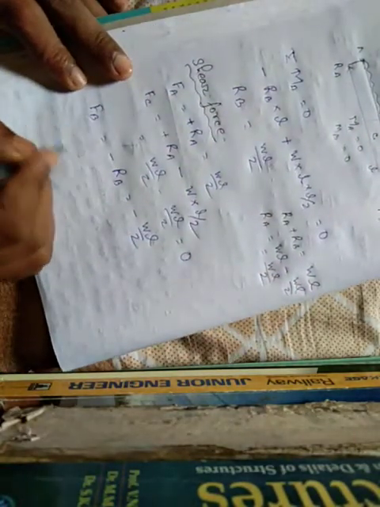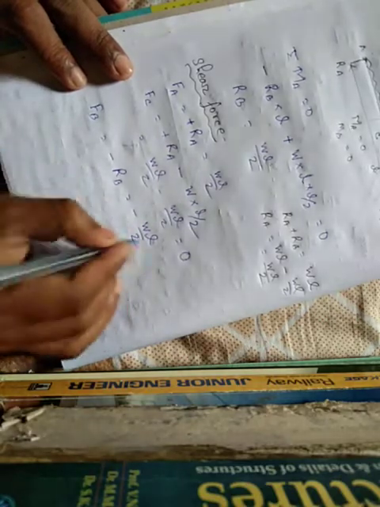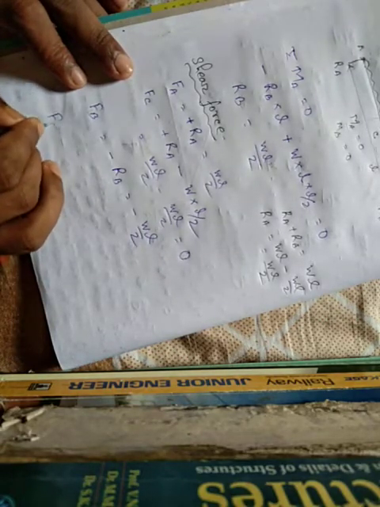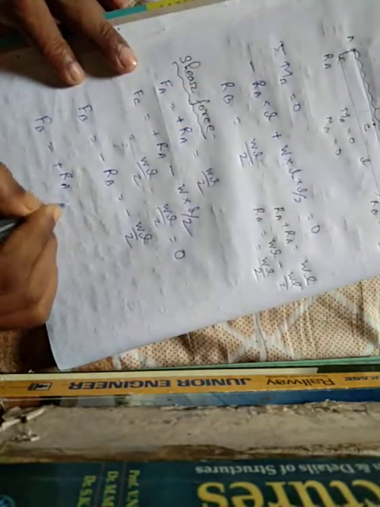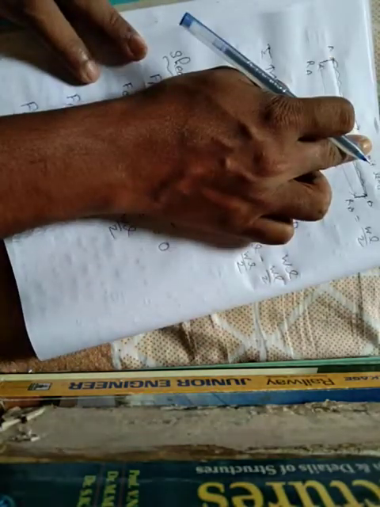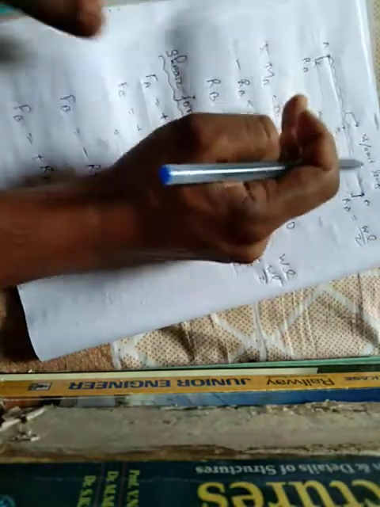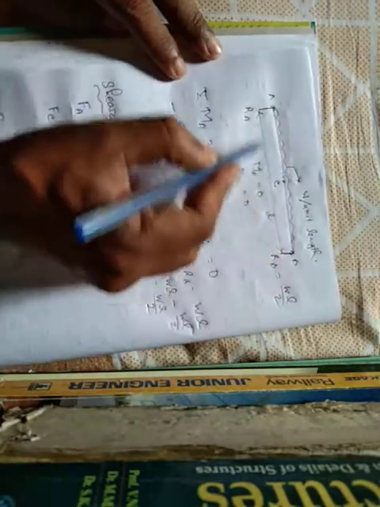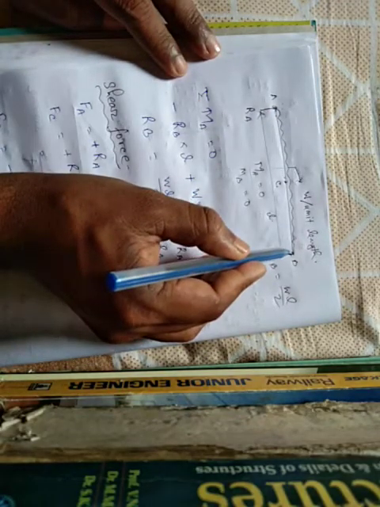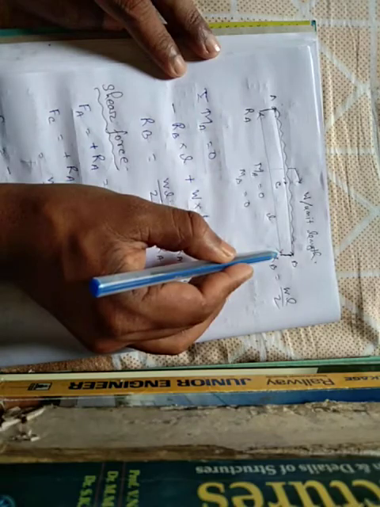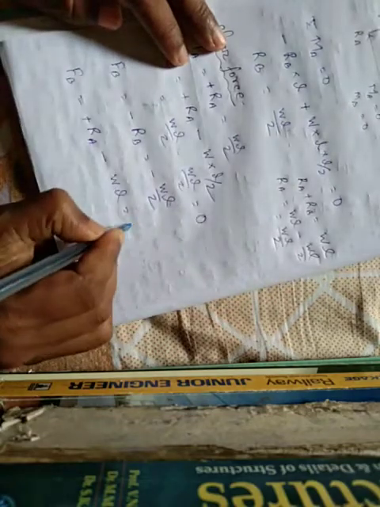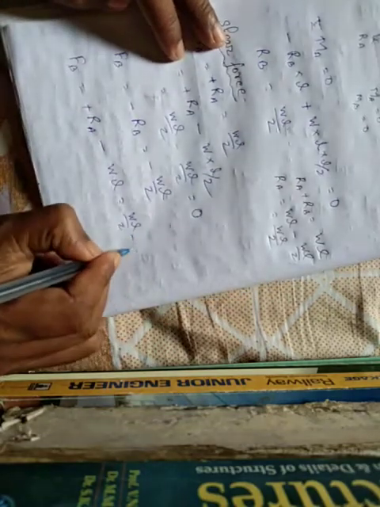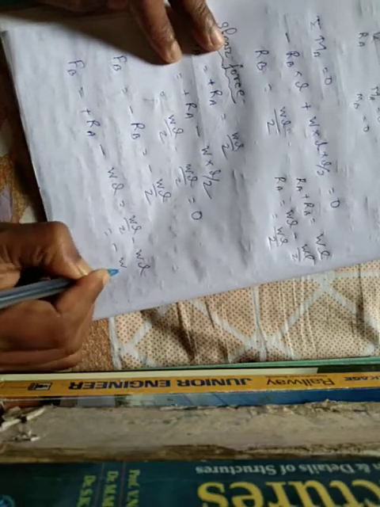The shear force at point B is equal to reaction force RA minus W into total distance. This is a uniform distributed load which is acting downward, that means negative. So this uniform distributed load into total length of the beam is W into L. RA equals WL by 2, minus W into L, which is equal to minus WL by 2.